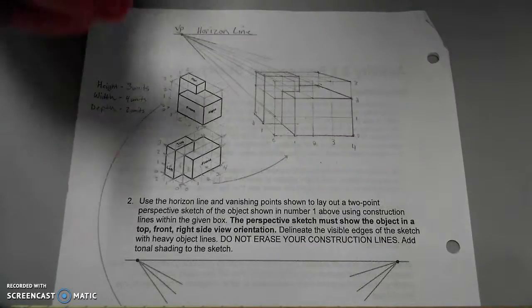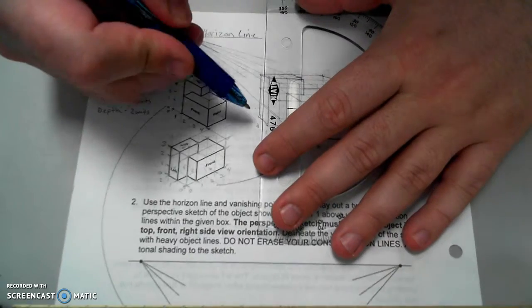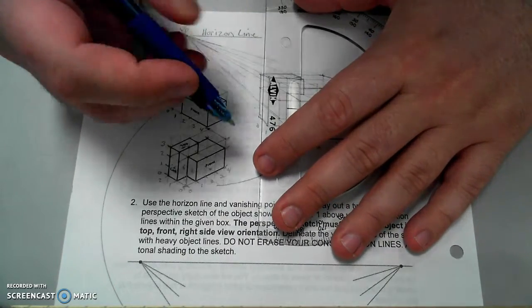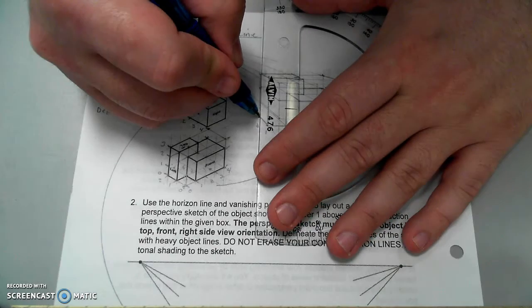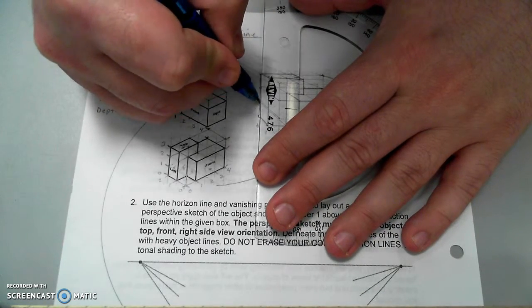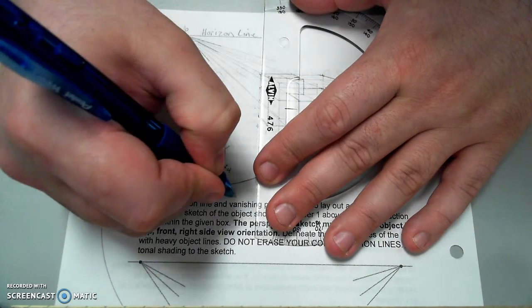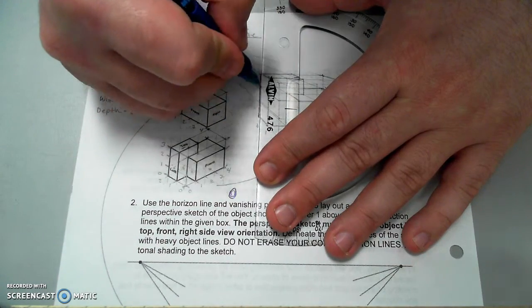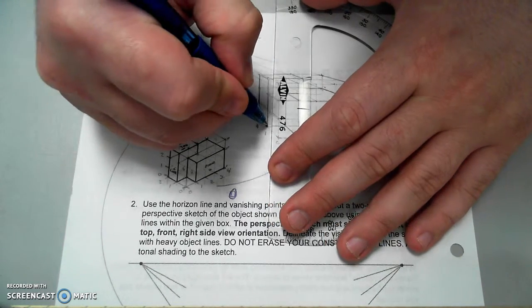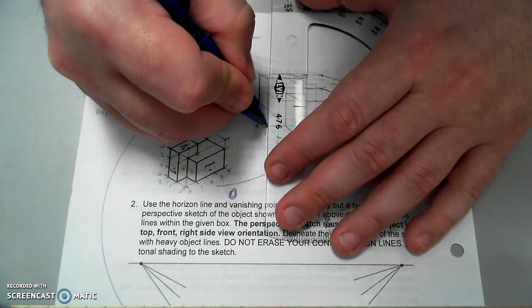Now I personally prefer to go over these with a pen so that I can then go back and erase things pretty easily before I tonal shade. And this is completely up to you. Make sure my pen's working. If you do this, do make sure that you don't make a mistake, because you can't erase the pen.